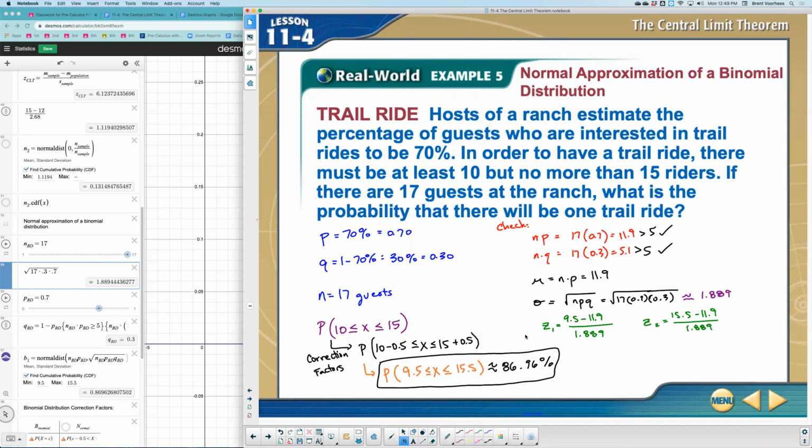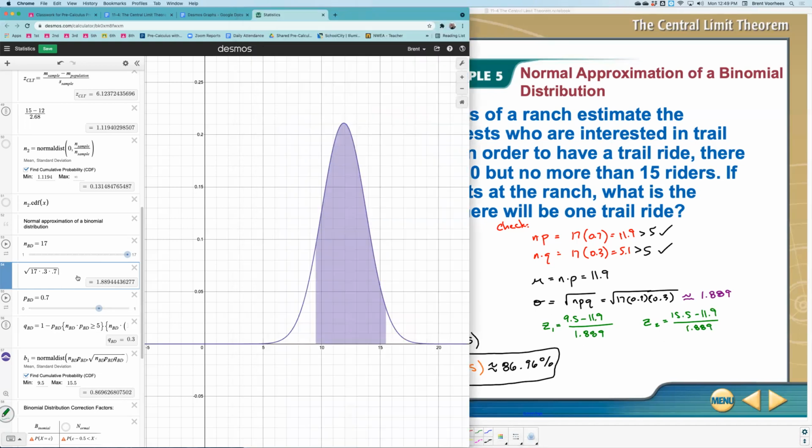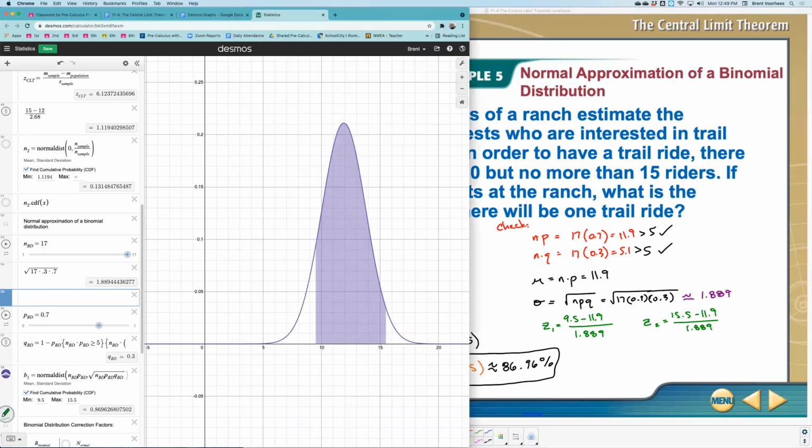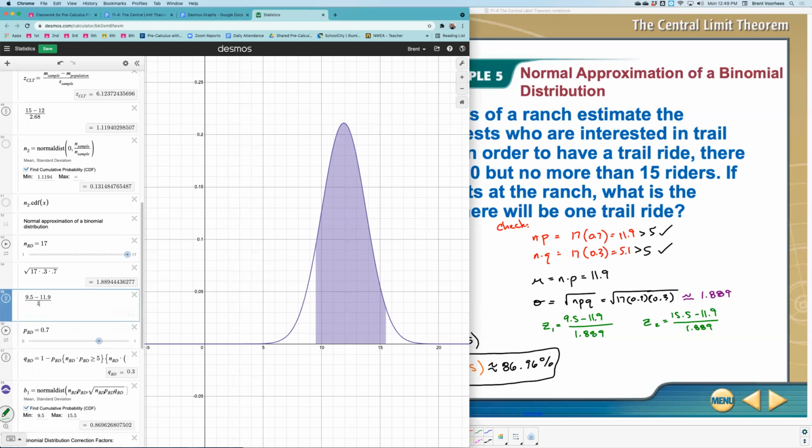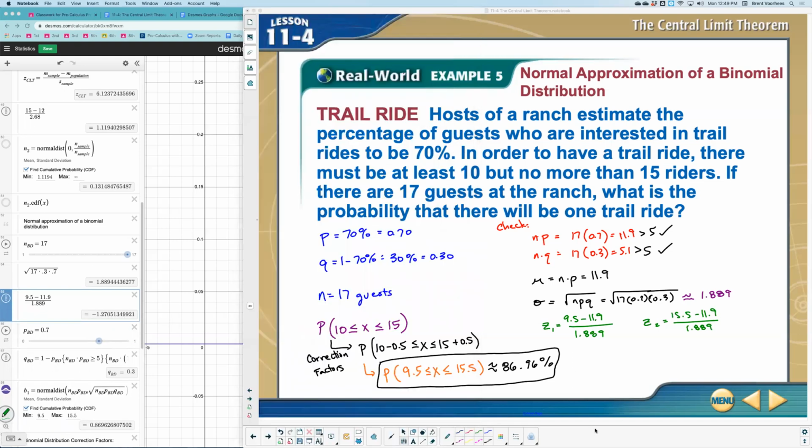If you did those two things, you would be able to use just a standard normal when solving this. So 9.5 minus 11.9 over 1.889 is a z value of negative 1.27. Some people call this a z-score.